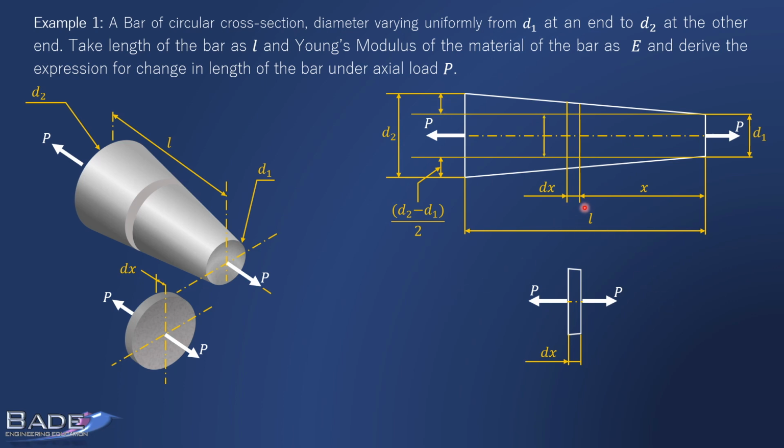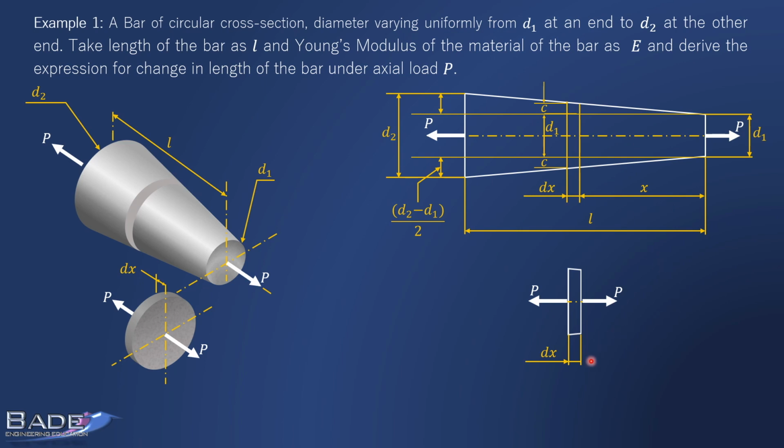Now diameter at distance x, it is D1 plus a small distance here and the same small distance on this side also. So we'll label that small distance here as c. So same distance on this side also, it is c. So what is the diameter at distance x? Now we may say that it is D1 plus 2c. At distance x, diameter is D1 plus 2c.